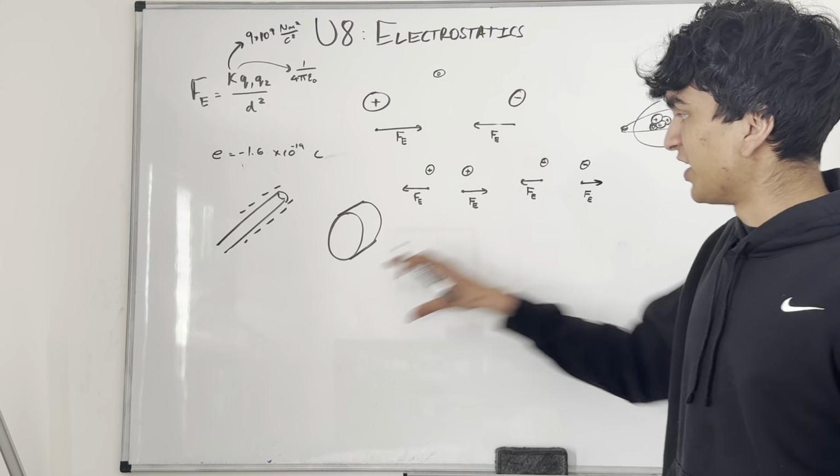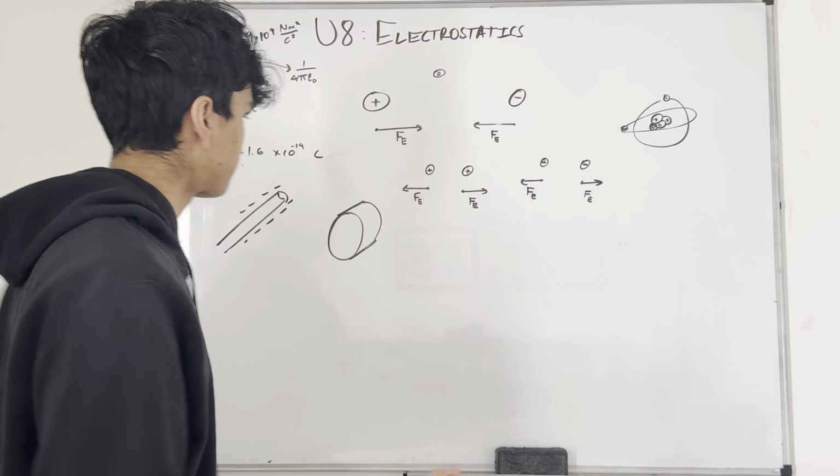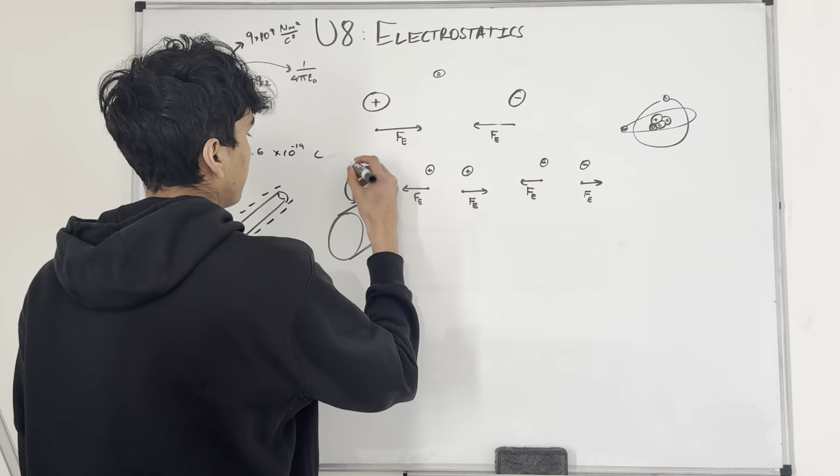Now, hey, we're made up of atoms, right? We're made up of molecules, and these atoms have a bunch of electrons and protons. And if you have something like aluminum, it is a conductor.